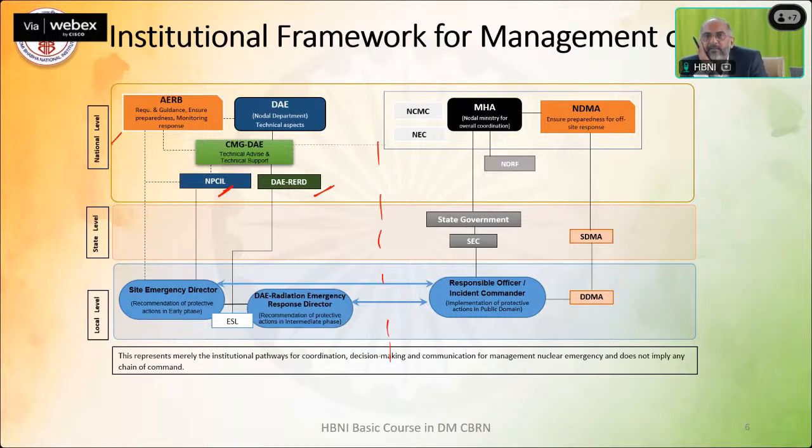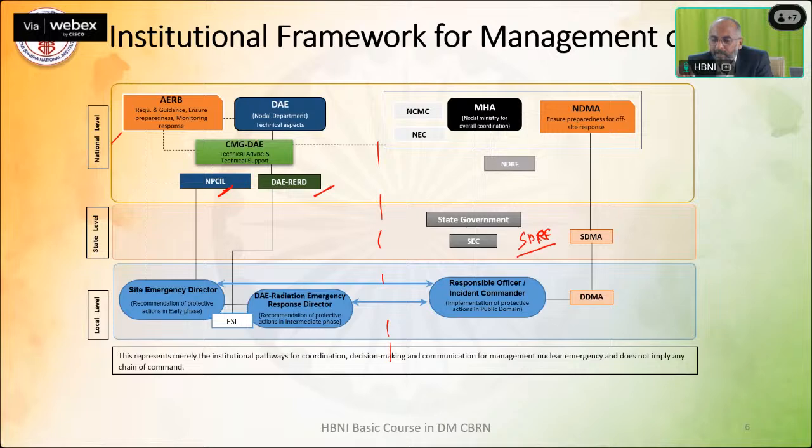And you have NDRF under MHA. I forgot to mention here, you will have SDRF at the state level as well. And the state government, state executive committee, and then the responsible officer.